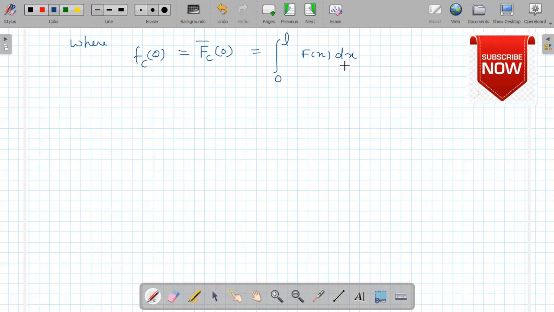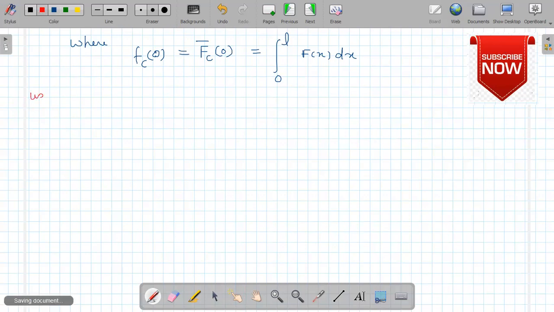So you can remember some formulas while doing the problems related to finite Fourier cosine transform or finite Fourier sine transform. Those formulas are very useful while doing the numerical problems.